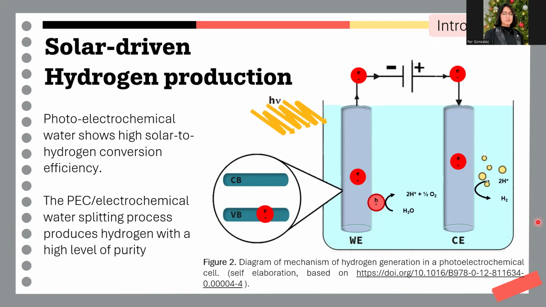Thanks to their potential to generate clean hydrogen using an abundant resource such as solar energy, these cells represent an innovative and sustainable alternative for the transition to renewable energy.